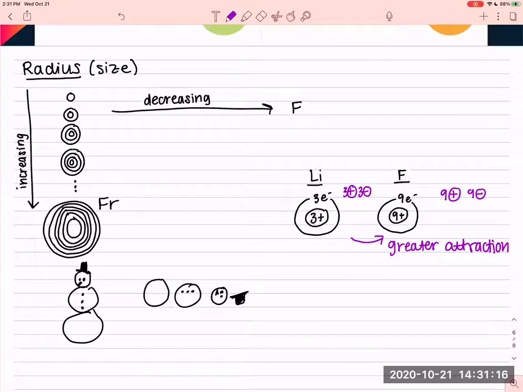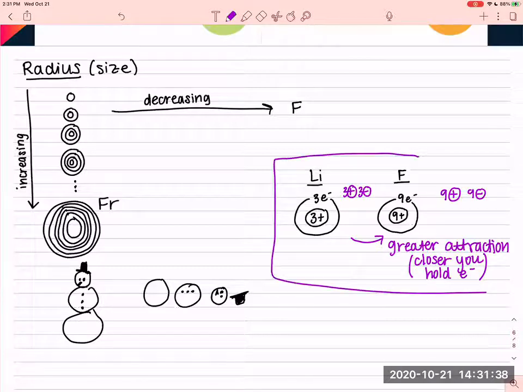So the greater your attraction, the closer you hold your electrons. So fluorine is holding its electrons really tightly because it has a greater attraction to them, which makes it smaller. This is really key. Thinking about this is key because it helps us with the other trends.